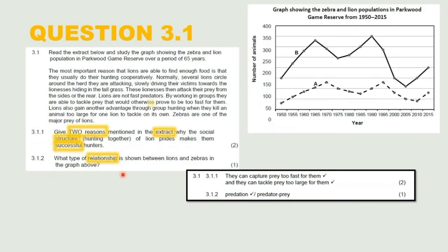So let's have a look at my memo. Question 3.1.1, where we had to give 2 reasons for this social structure for the hunting. It's so that they can capture prey that's too fast for them, and they can also tackle prey that's too large for them. The relationship is predation, or a predator-prey relationship.